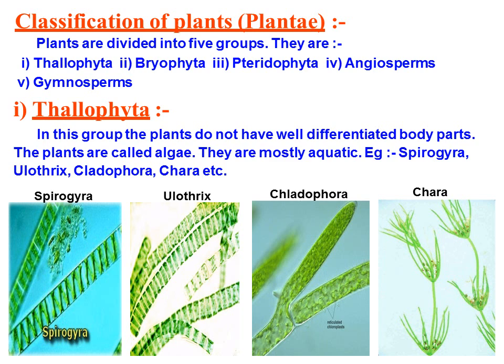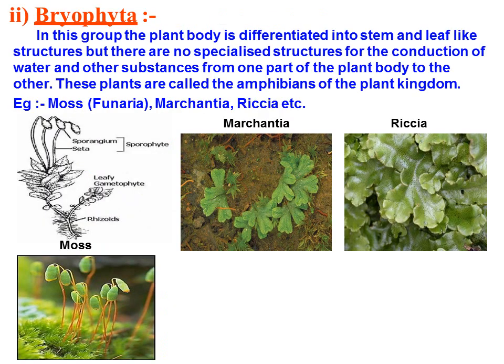They are mostly aquatic, that means they live in water bodies. Examples are Spirogyra, Cladophora, Ulothrix, Chara. These are all microscopic plants that can only be studied through a microscope.